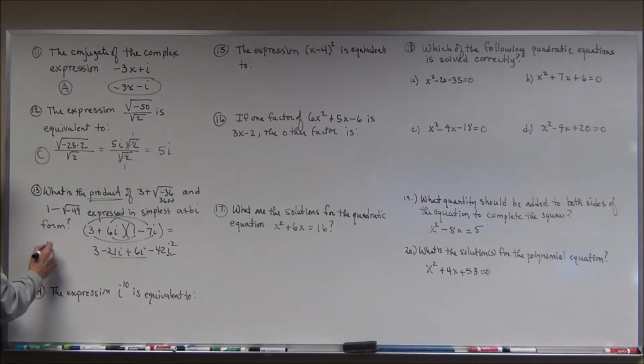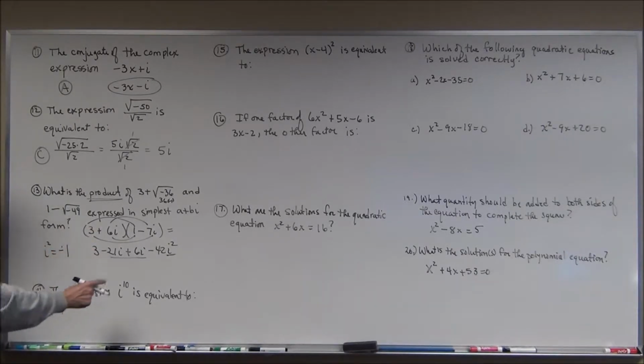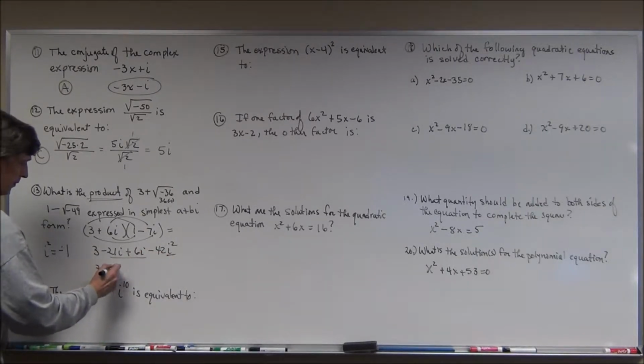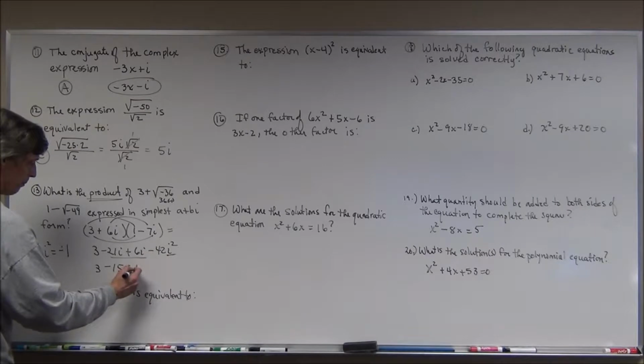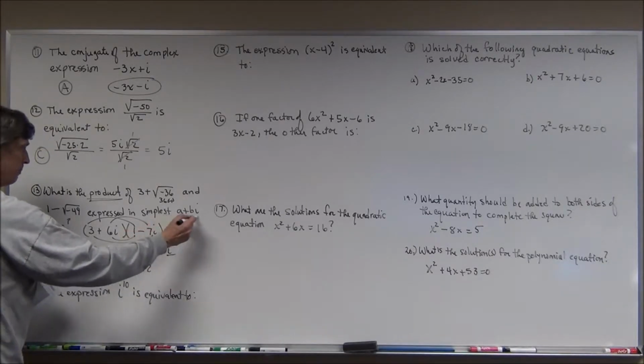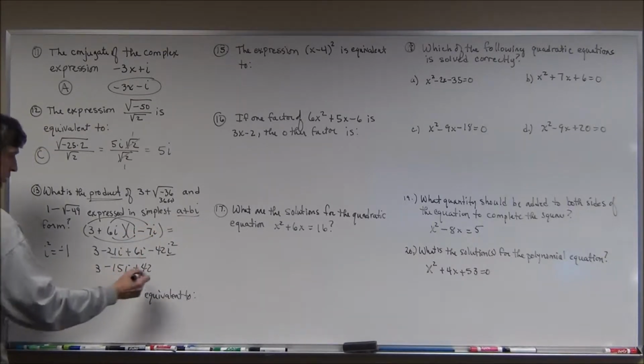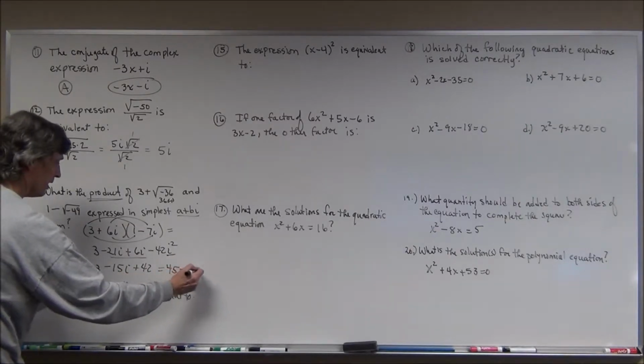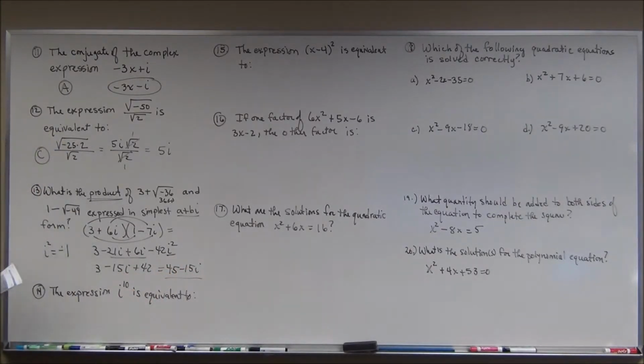You should have this memorized: i squared is equal to negative 1. So this is minus 42 times negative 1, which is plus 42. Now they wanted an a plus bi form, so add the real parts. That's 45 minus 15i, and there's your a plus bi form, and hopefully it matches up with an answer somewhere.